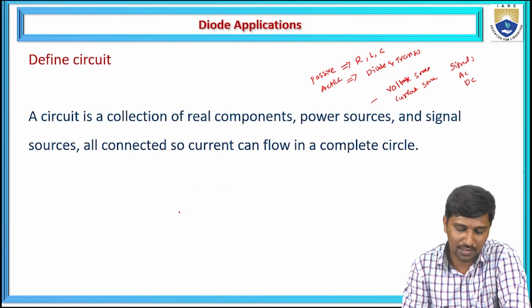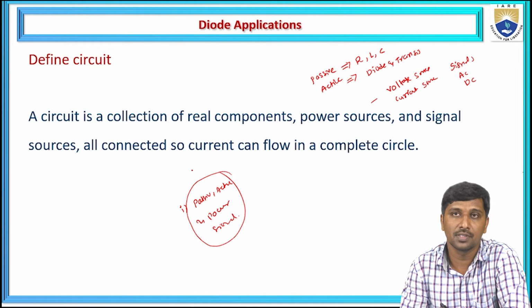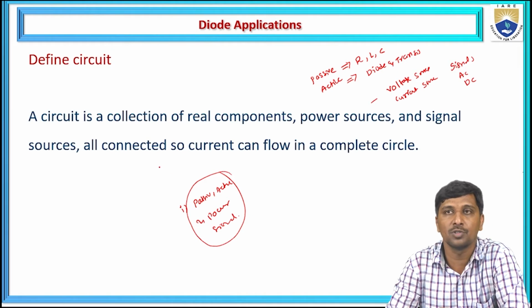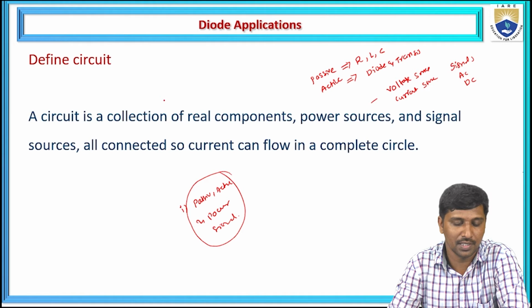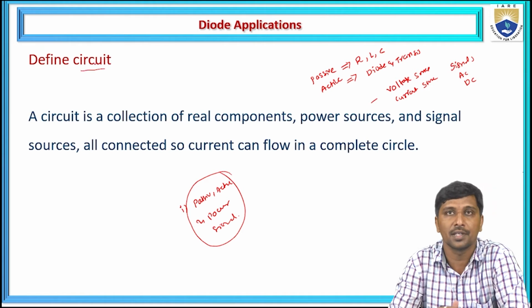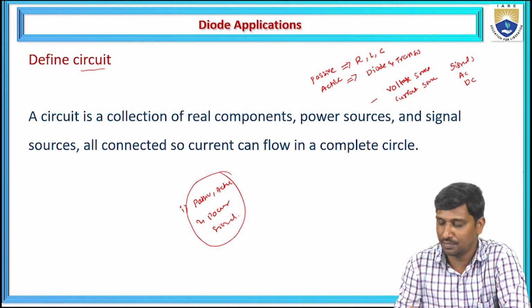So the circuit contains real components in terms of passive and active components and power sources as well as signal sources. By using all these, we need to make a closed loop network. That closed loop network is what is called a circuit. By using the circuit, we can define some applications.